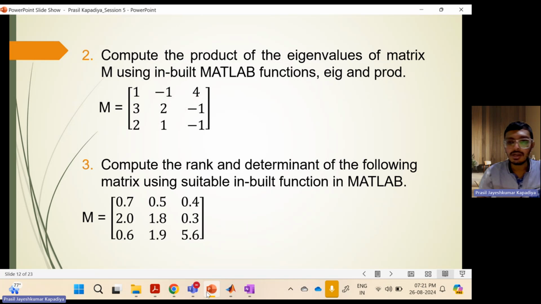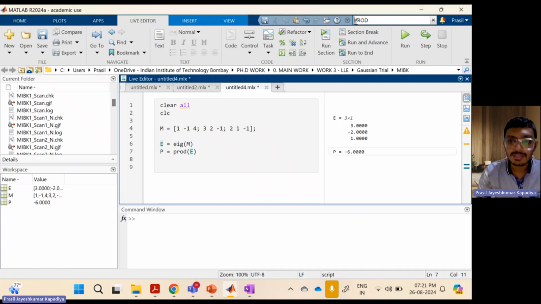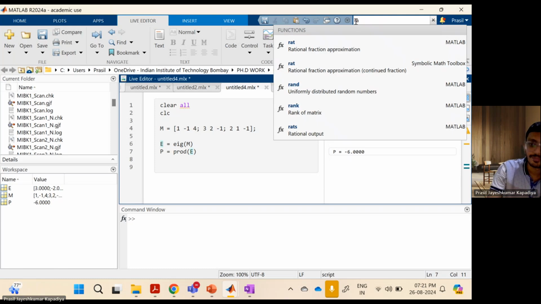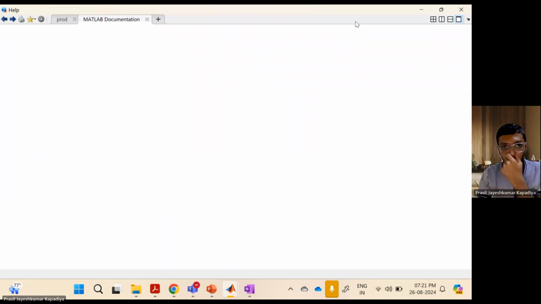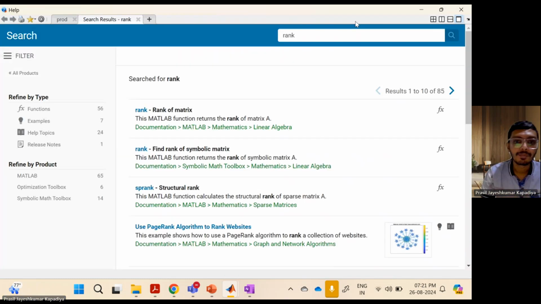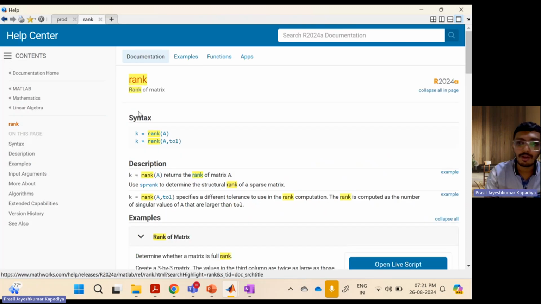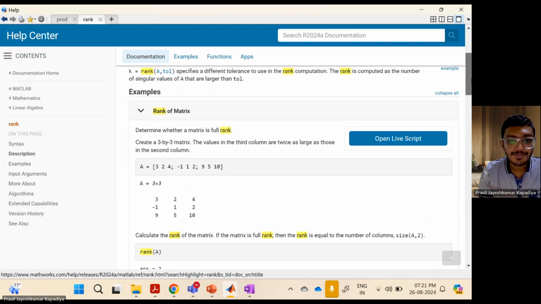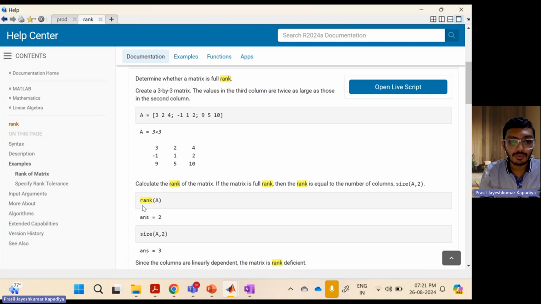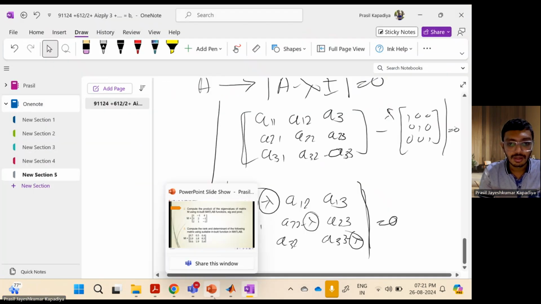Compute the rank and determinant of the following matrix using suitable inbuilt functions in MATLAB. Let's first see the rank of a matrix. I'll just write rank. When I write rank, it will give me the rank of a matrix. So rank of A will give me the rank of the matrix.